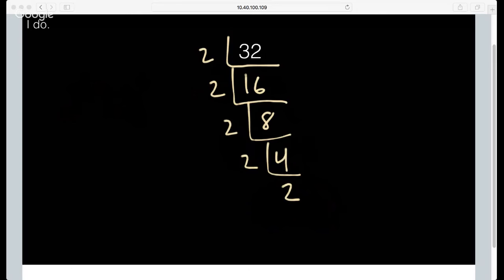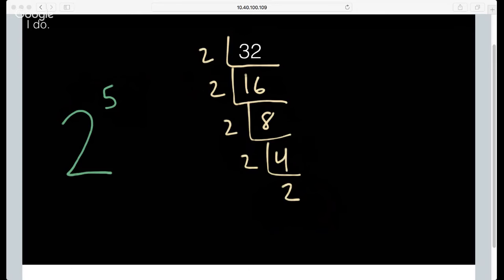So the question is, what is the prime factorization of 32? Well, it would be 2 to what power? You tell me. Okay, I got a comment.